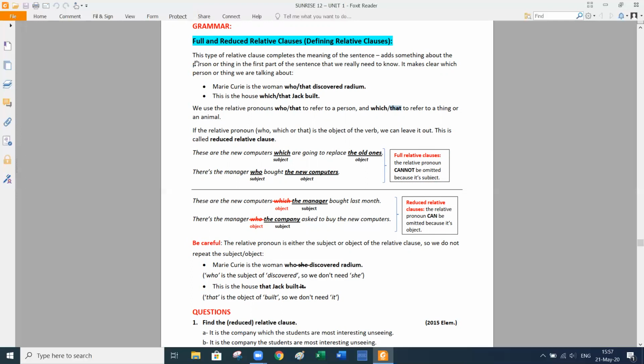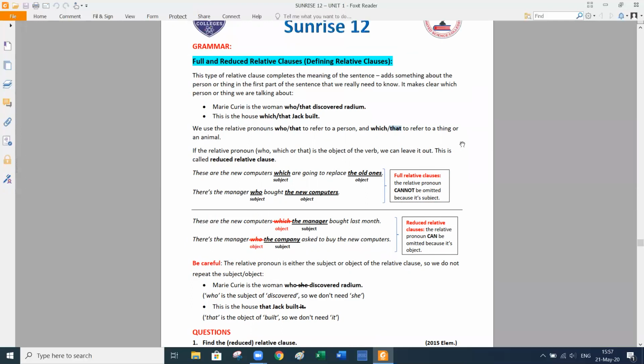Now this is about full relative clauses only. It's not about non-defining relative clauses that we are going to learn on page 43 of the book. Only about full relative clauses, namely defining relative clauses. If the relative pronoun is the object of the verb, we can leave it out.